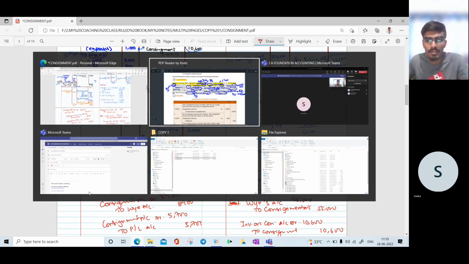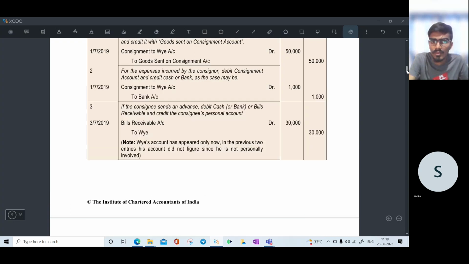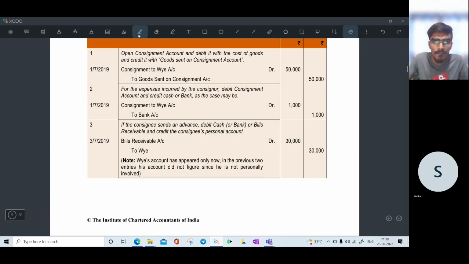We will check with the study material, right? See, consignment account debit to, right? Consignment account debit to goods sent on consignment account 50,000, 50,000.